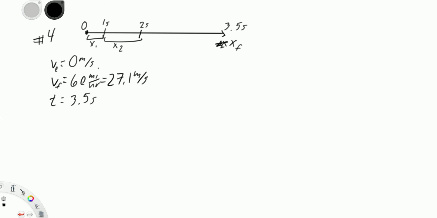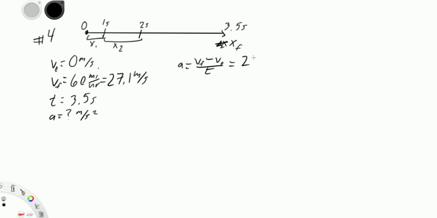And it's asking for delta x, but we first need to find, since we have no information on it, the acceleration, in meters per second squared. So if we use equation number 1 and solve that for acceleration, we get Vf minus V naught divided by the time, all that information we have.